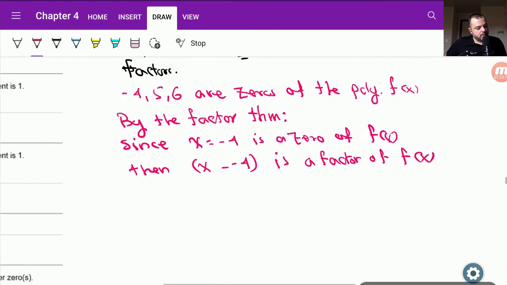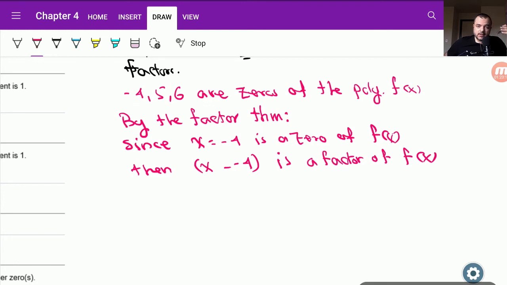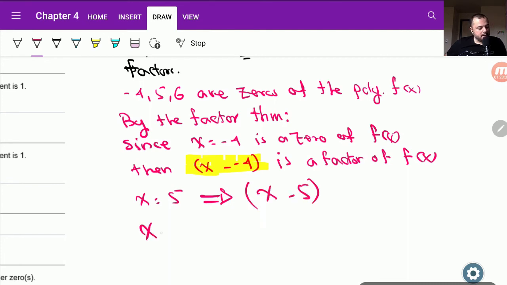We got the first one because x equals -4 is a zero, so this is a factor. For the same reason, x equals 5 is a zero, then x minus 5 is a factor. And x equals 6 is a zero, then x minus 6 is a factor. So we got 3 factors.